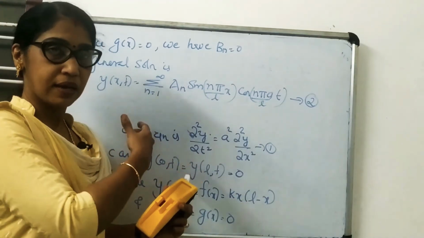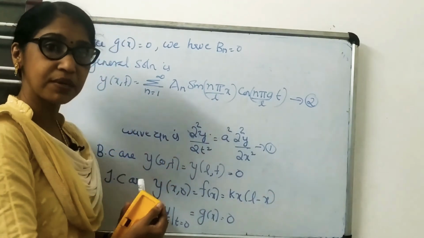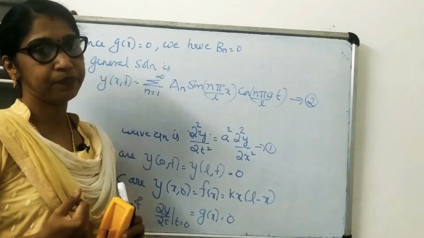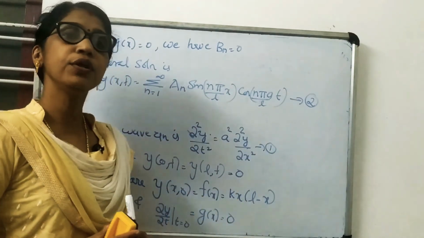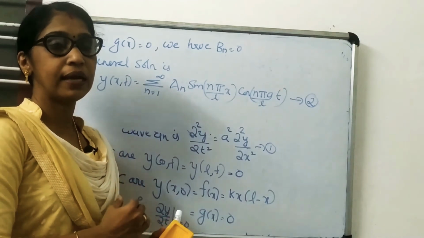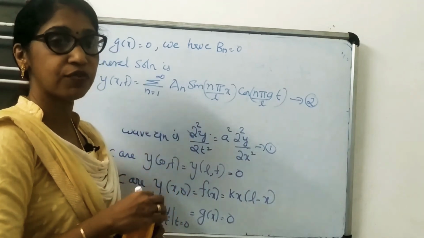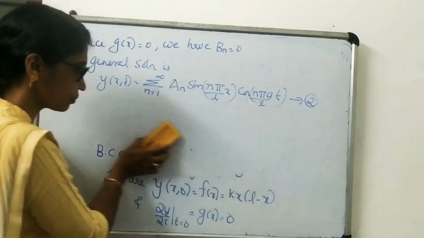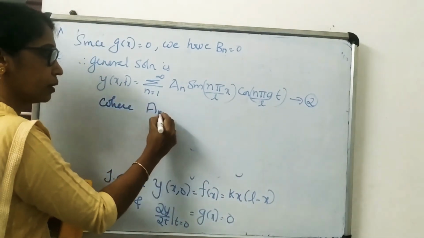In the last question, since the initial displacement was given as a trigonometric function, we found the coefficient using the comparison method. But here f of x is a polynomial function, so we have to find out an using the formula given in the solution. What is the formula for an?